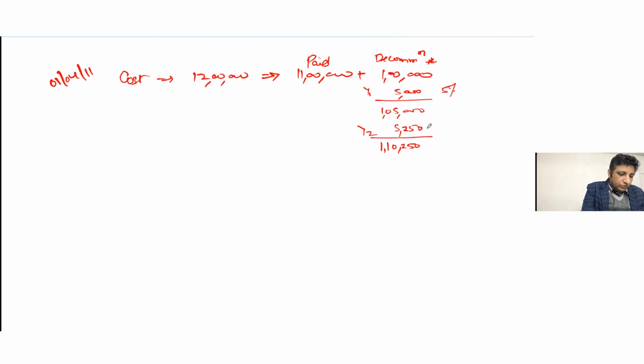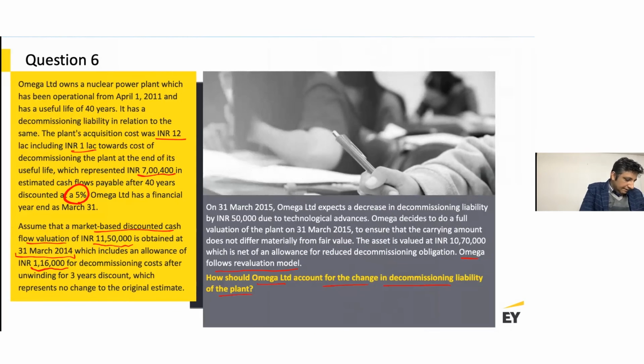That is year two. And then this would probably be 5,500 approximately. This is year three. That becomes 115,750, which is approximated to 1,16,000. Now, what this 1,16,000 is, is nothing else but the amount of decommissioning cost unwound.